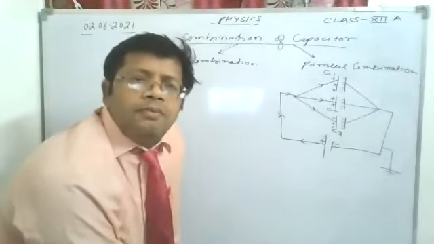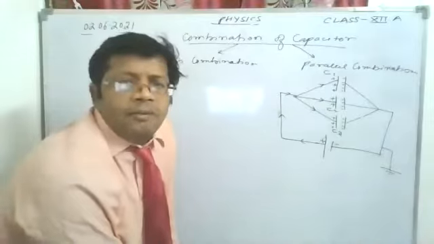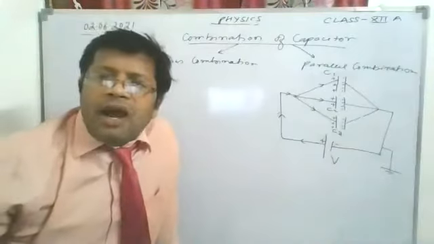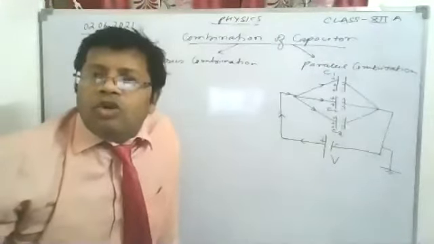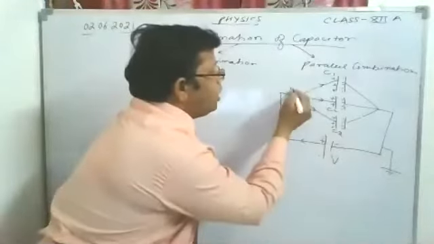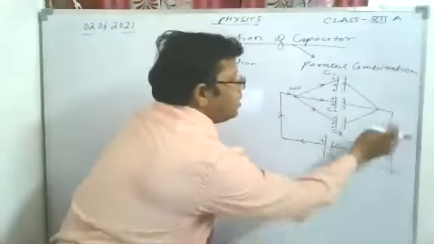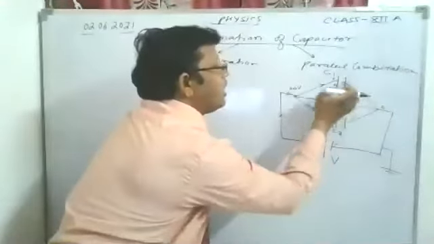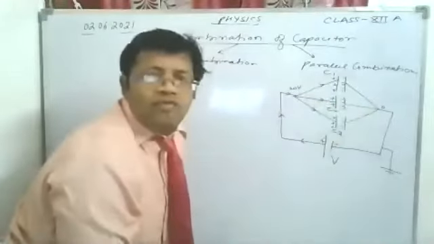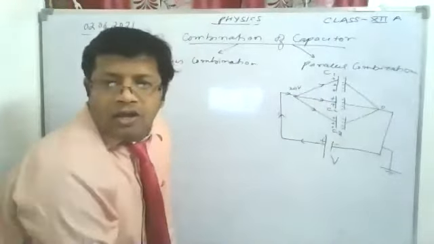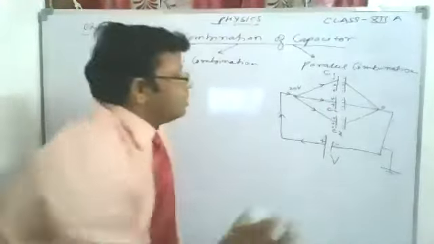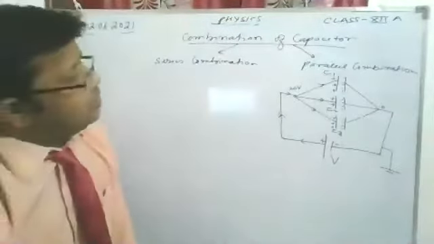Now see here, what is the most important characteristic of parallel combination? If the voltage of the battery is V, for example 20 volt, then this point will be 20 and this point will be 0. It means the first capacitor is getting 20 volt, the second capacitor also 20 volt, and the third capacitor also 20 volt.